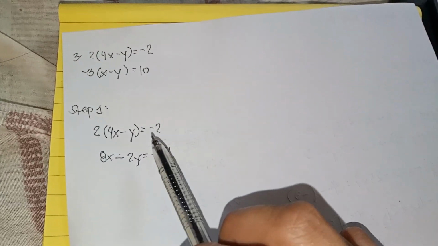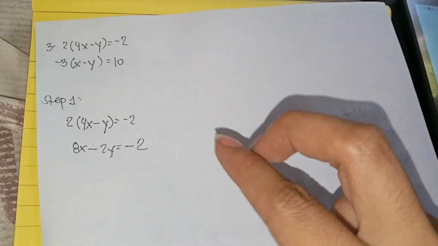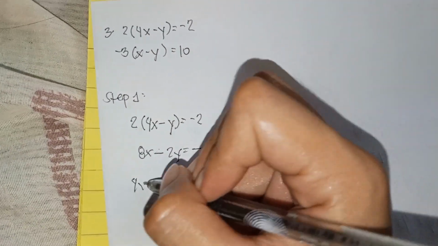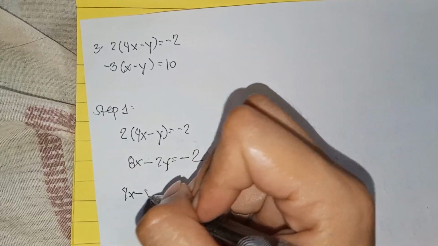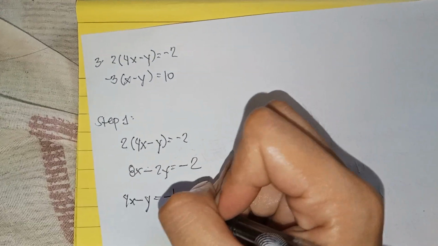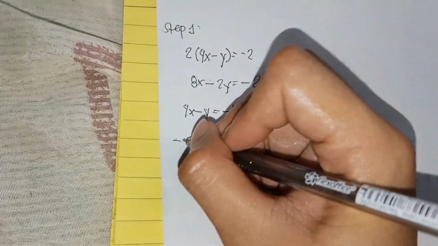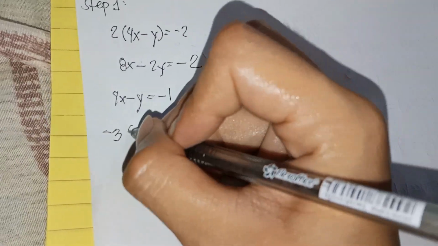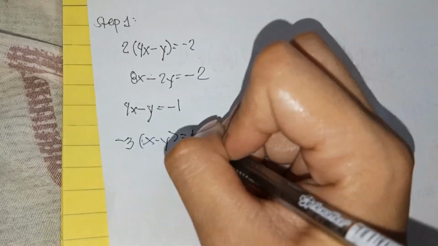So we're going to divide all terms by 2 to simplify. So 4x minus y equals negative 1. And for equation number 2, negative 3 open parenthesis x minus y close parenthesis equals 10.